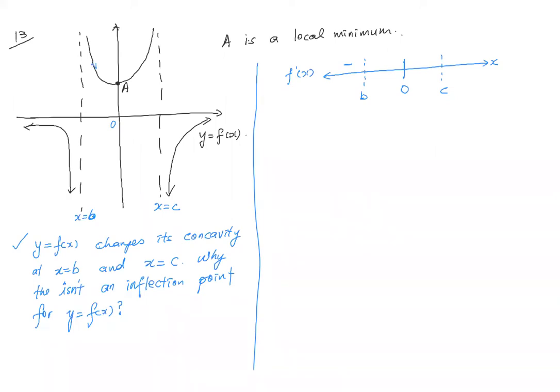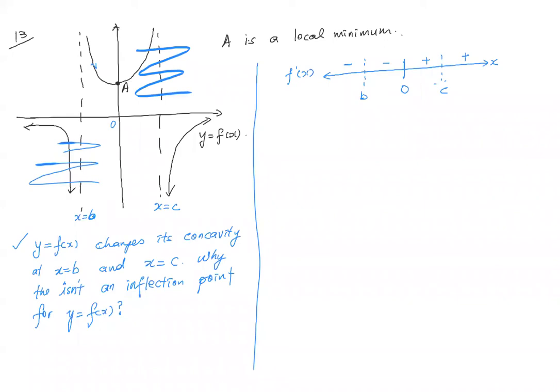Then after that is positive. So that means for my f prime x graph, this part will be below the x-axis and this part will be above the x-axis. The position is very important.